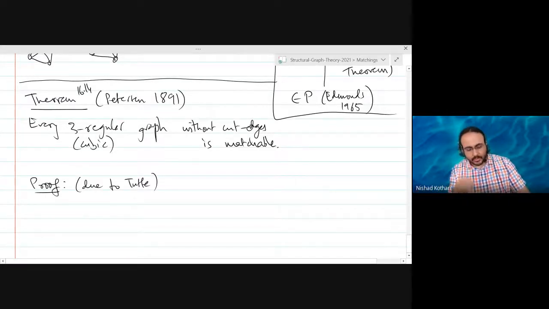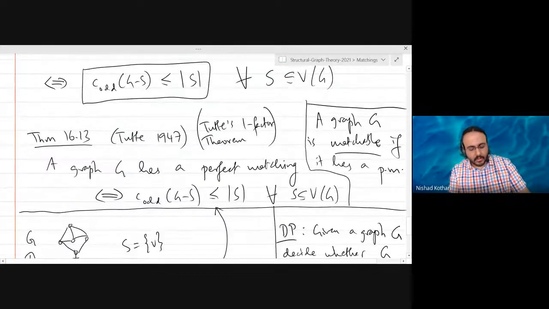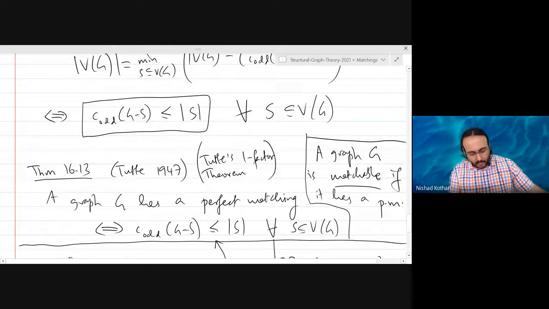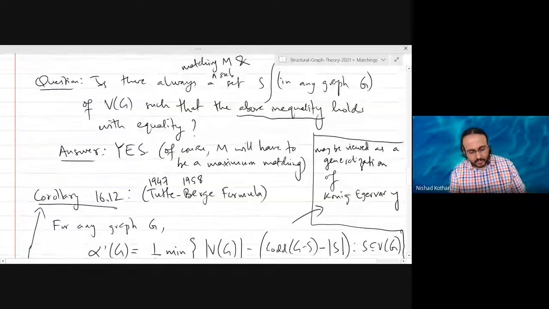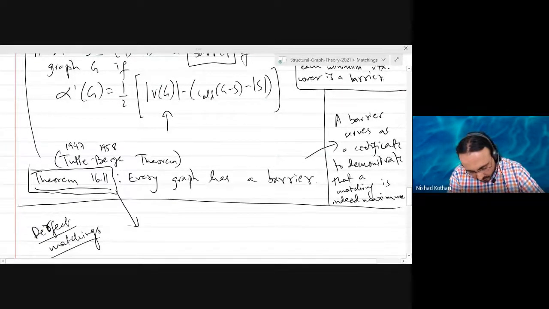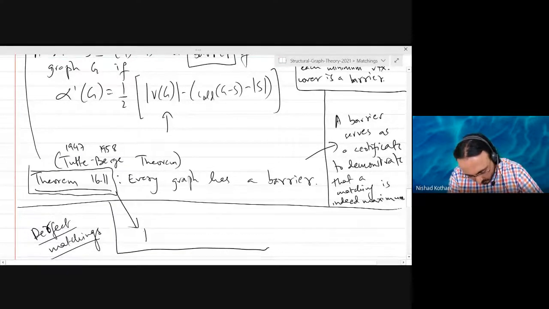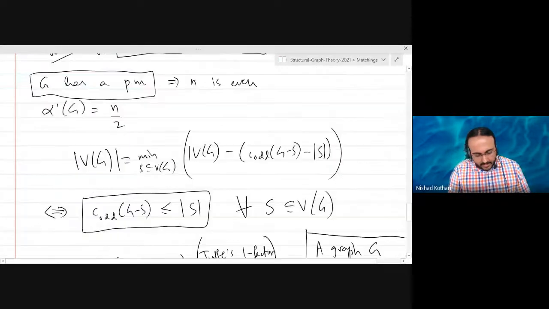Are there any questions or concerns at this point? So we haven't proved Tutte's theorem yet. We won't be proving Tutte's theorem. We will get it directly as a consequence of the Tutte-Berge theorem. So this is what we will prove in the next week. And it immediately implies Tutte's theorem.